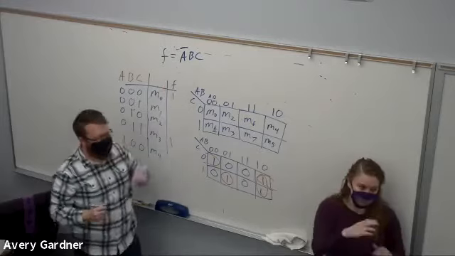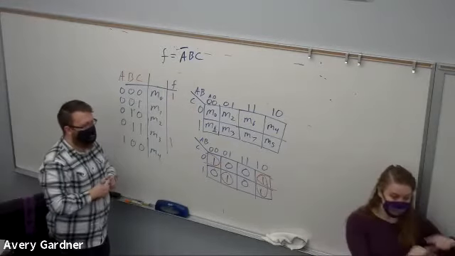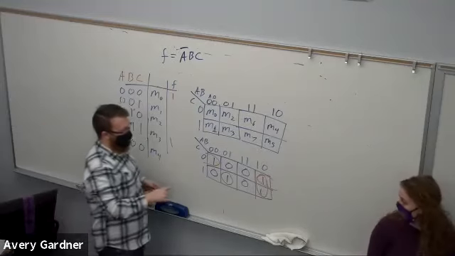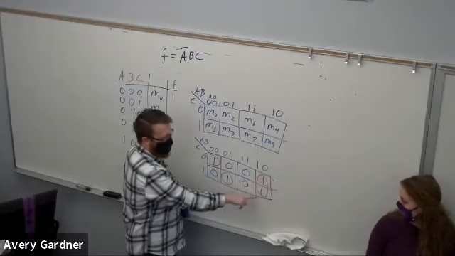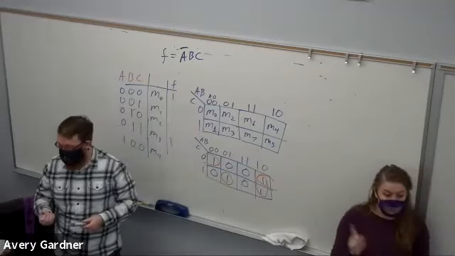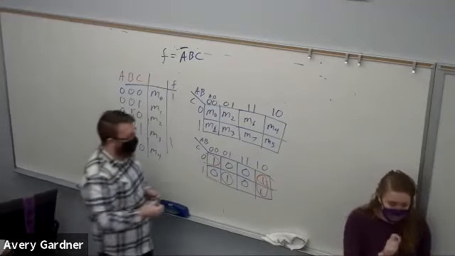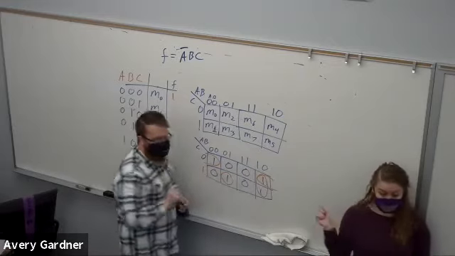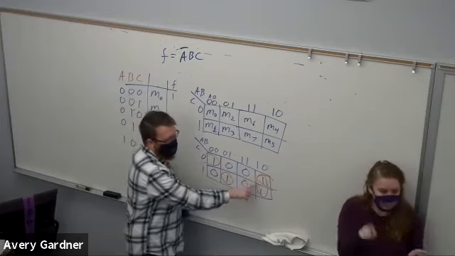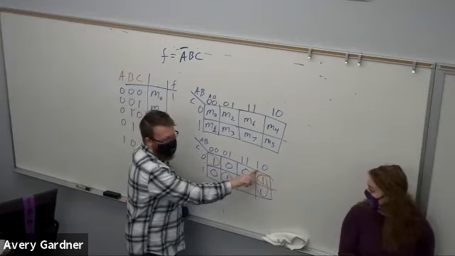So A bar, B, C is its minterm. Similarly, let's go ahead and look at this vertical implicant. Remember here, we're looking at what doesn't change through the circle. Well, neither A nor B change because it stays in that same column. So I have A, B bar.